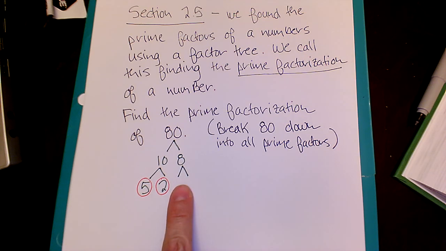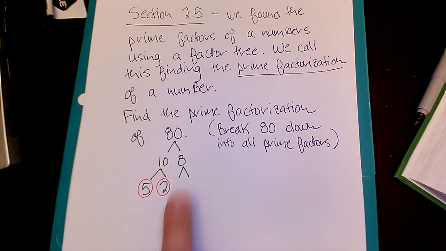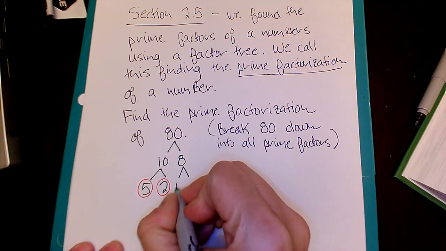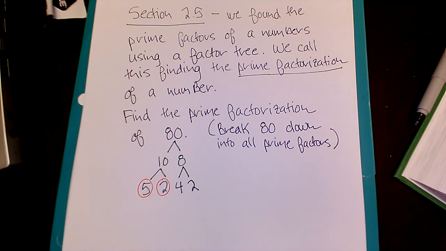So I'm looking at this branch with the 8. What two numbers, when you multiply them, will get you to 8? And let's see, I know I can't use 1 times 8, but I can use 4 times 2. Are either of those prime? Is the 4 or the 2 prime?